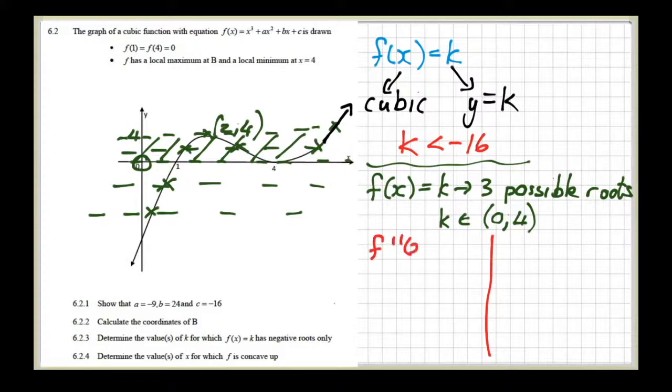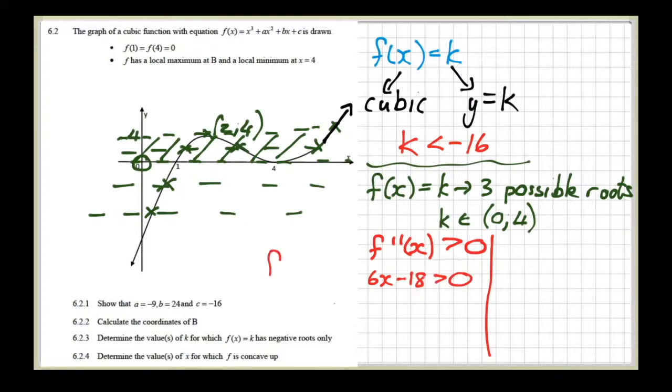f double accent x concave up. So in other words, f double accent x bigger than 0. Second derivative, because we're working with concavity. So the second order derivative of f(x) is going to give me 6x minus 18, and that must be larger than 0.